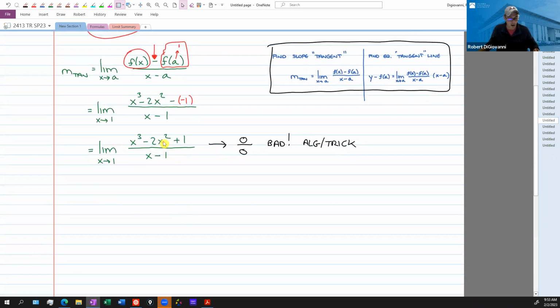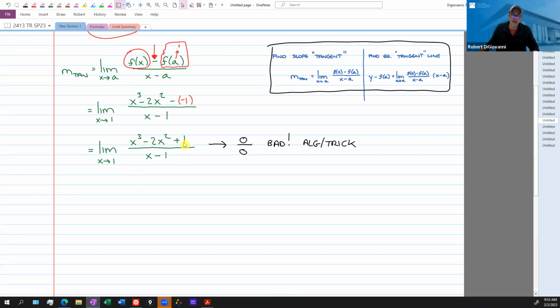I really would love to see if I can make this x minus 1 go away by canceling it. So I need to factor the numerator, right? What's the problem with factoring on the top? There's no x on the plus 1 at the end.